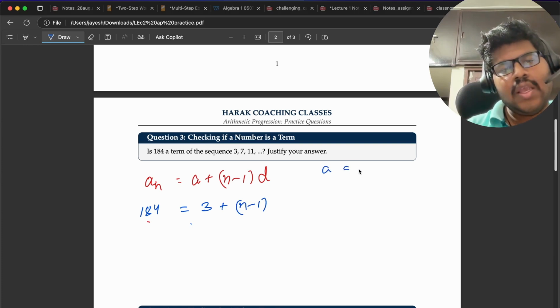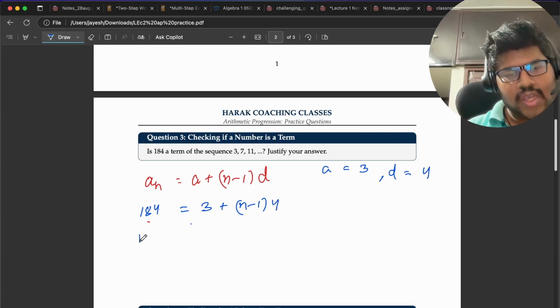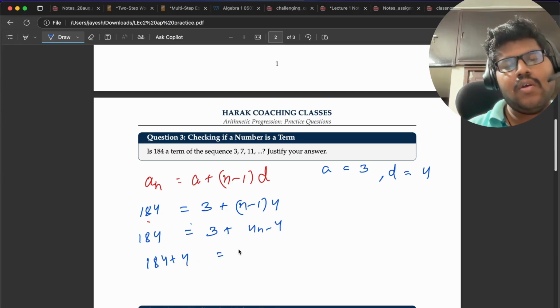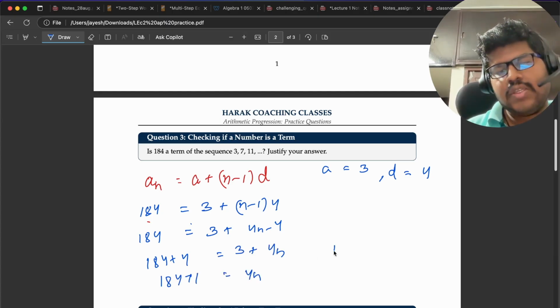Here A is 3, and D is 4. So putting in the values, 184 equals 3 plus 4n minus 4. So we have 184 plus 1 equals 4n, so 185 equals 4n.